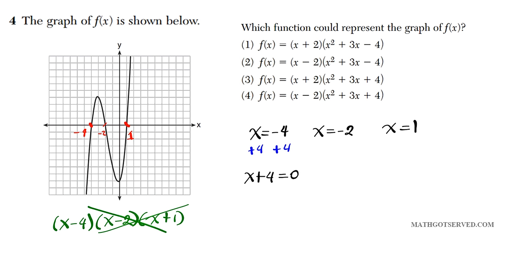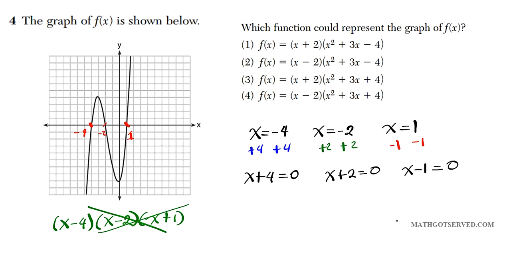And then in the second case, you add 2 to both sides, and then that yields x plus 2 equals 0. And then in the last case, you subtract 1 from both sides. We're doing the reverse of the zero product property. So we have x minus 1 equals 0.